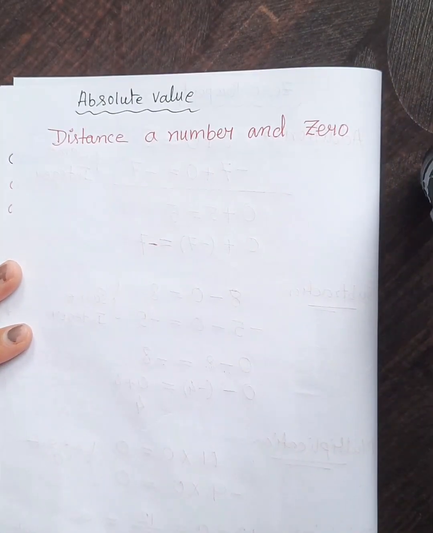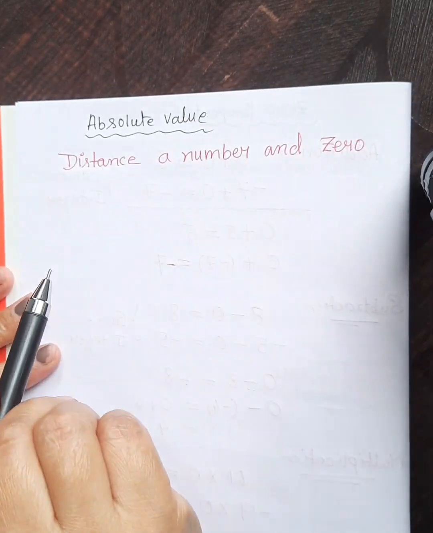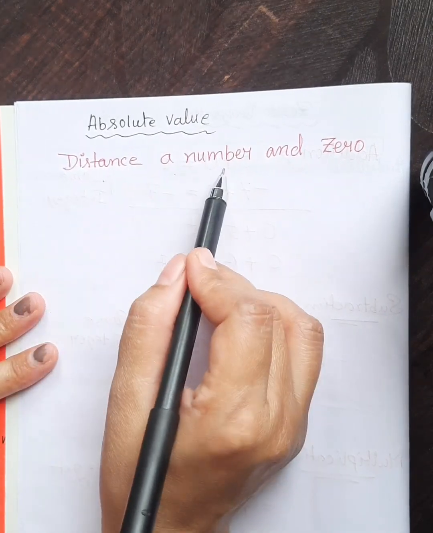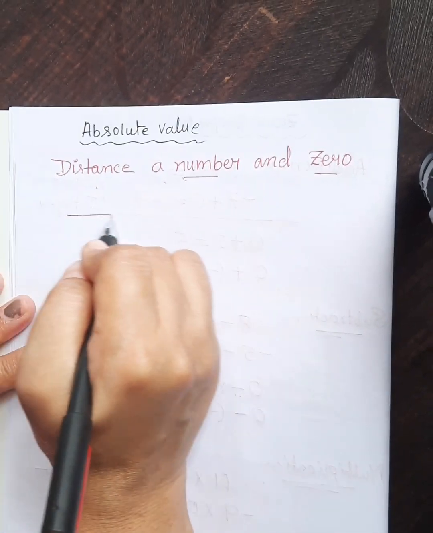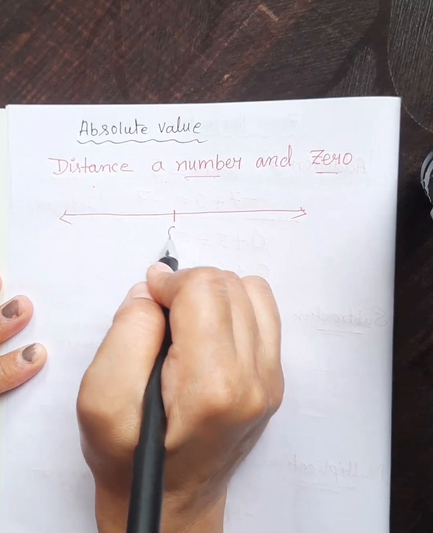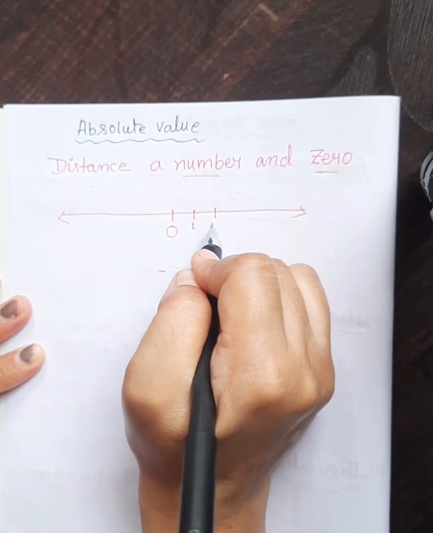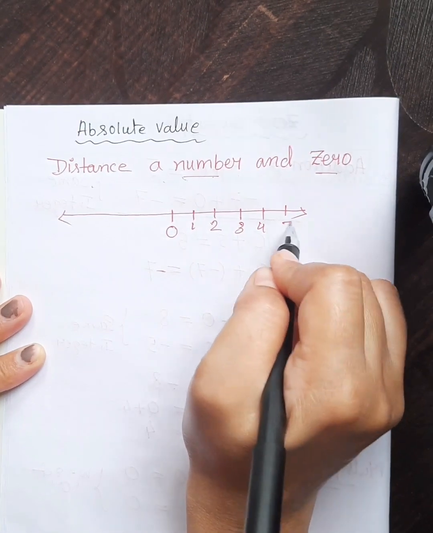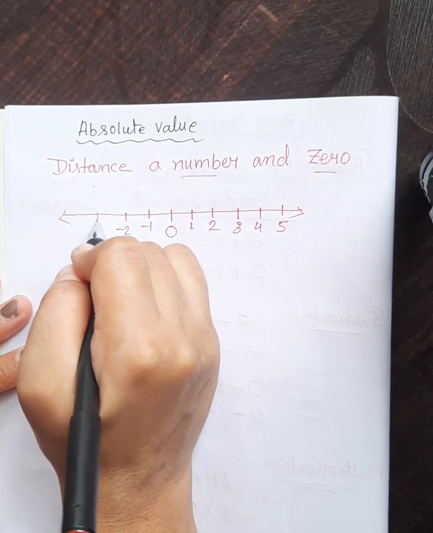Now we go to the last point, that is absolute value. What is the absolute value? Absolute value means the distance between a number and 0. That means when we draw a number line, this is 0, and on the right hand side we get the positive integers, and on the left hand side of 0 we get negative integers.